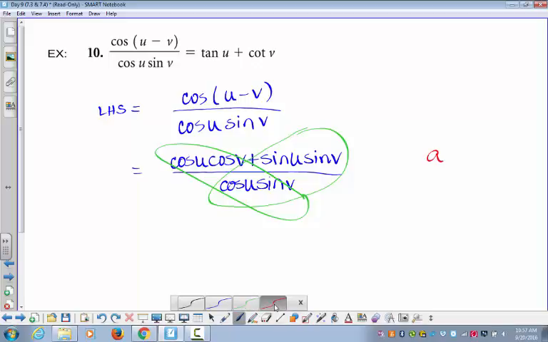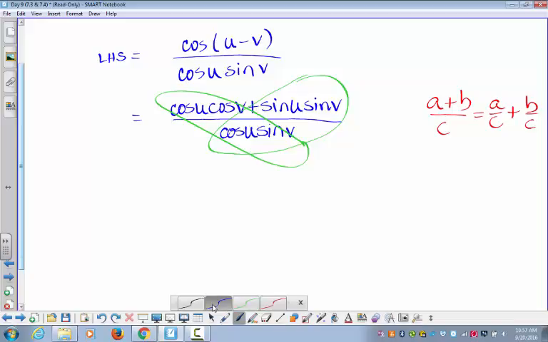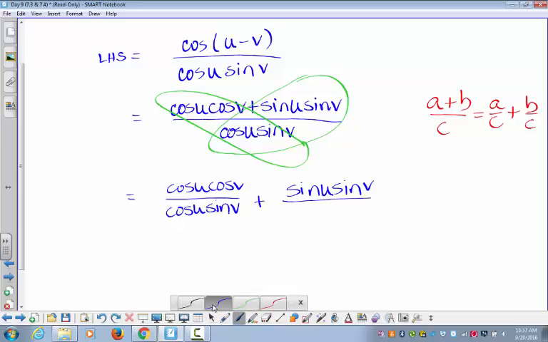So we're using this distribution property. We're going to divide that denominator into each term in the numerator. Let's try it, and I won't cancel out right away. Let's do one step at a time. This is one type of math problem where it really can be a snake bite if you try to do 2 steps at once. It's always better to err on the side of 1 step at a time.